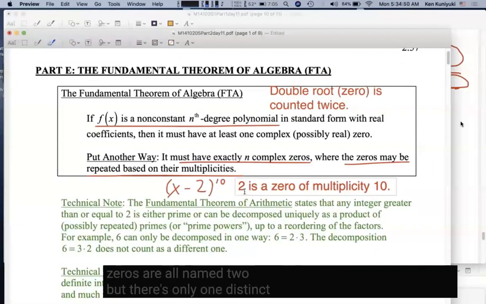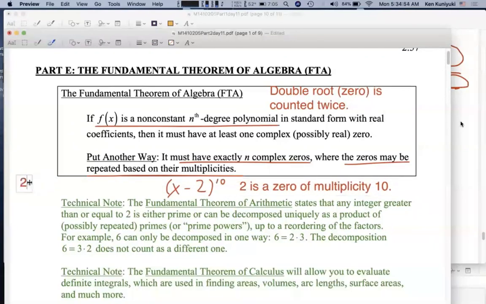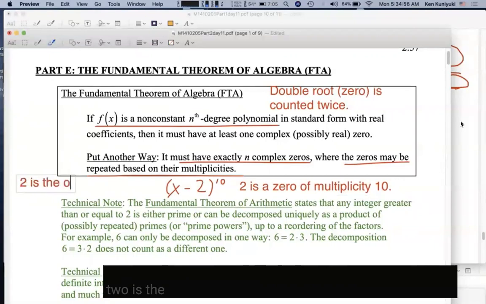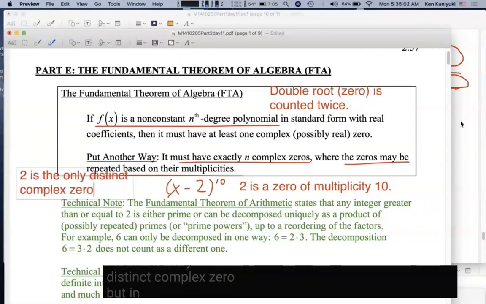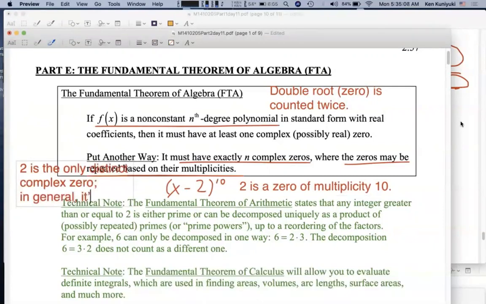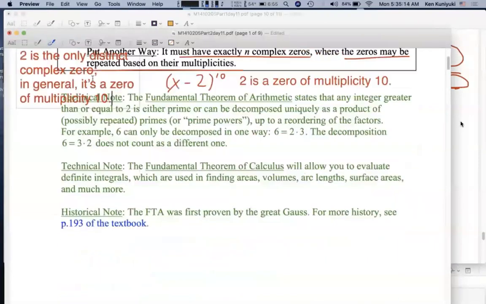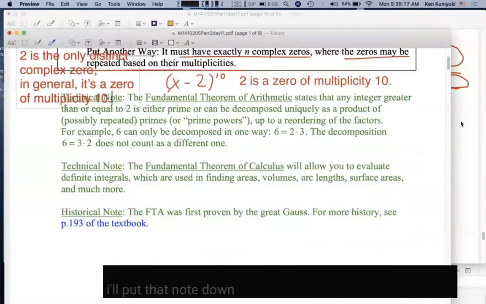But there's only one distinct complex 0. 2 is the only distinct complex 0. But in general, it's a 0 of multiplicity 10. I'll put that note down here.